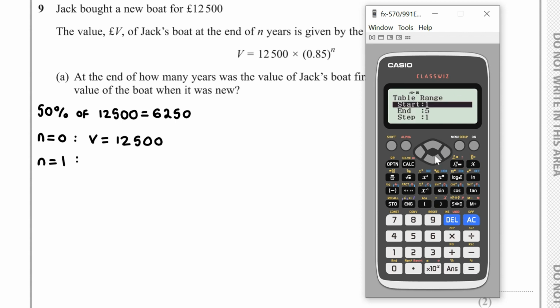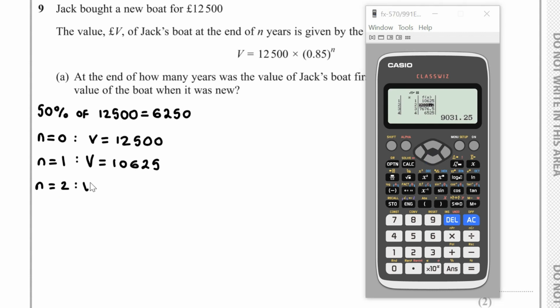We're starting at 1, and let's just end at 10 for now. Here when n is 1, we get V equals 10,625. N equals 2. V equals 9031.25.